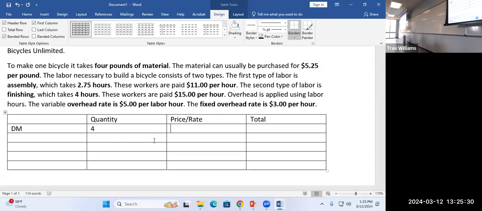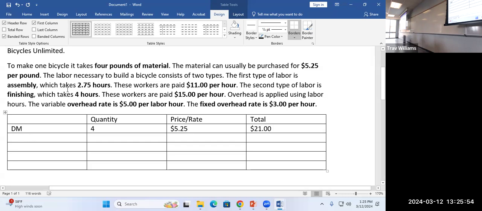Okay? So a pound of material is 1 unit of material, but we need 4 of them to make 1 unit of product. What is our rate of material? $5.25, and what does that come out to? $21, right?